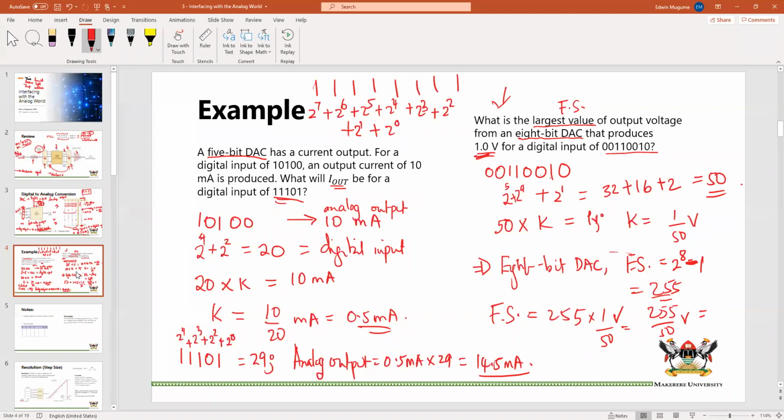And I don't know what that is. It is 5.1 volts. Okay, thank you, Godfrey.